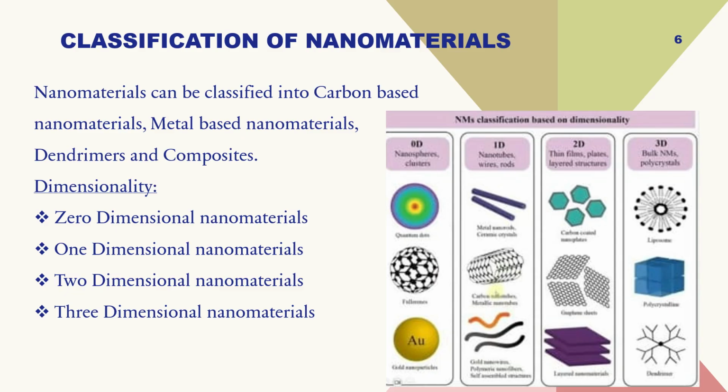Depending upon the nature, they are classified as organic, inorganic, and carbon-based nanomaterial. Depending upon size and dimension, they are classified as 0 dimension, 1 dimension, 2 dimension, and 3 dimension nanomaterial.